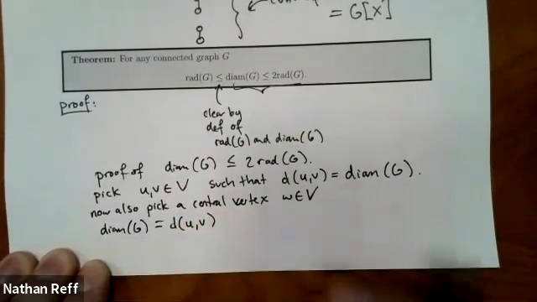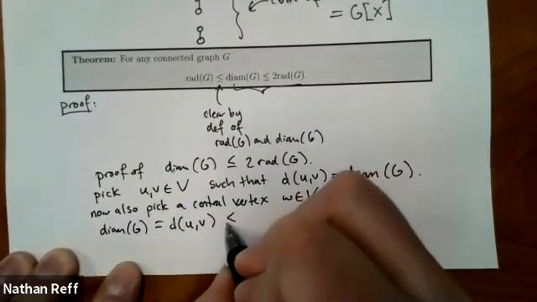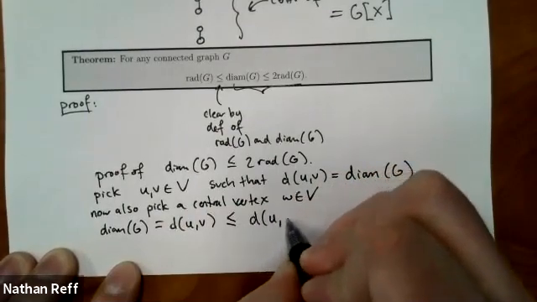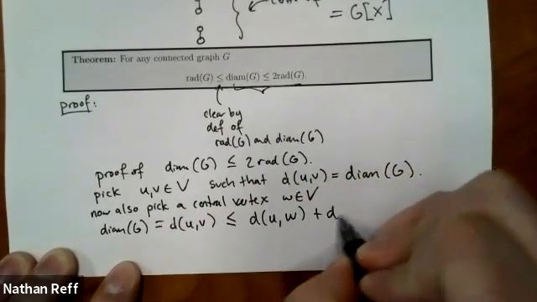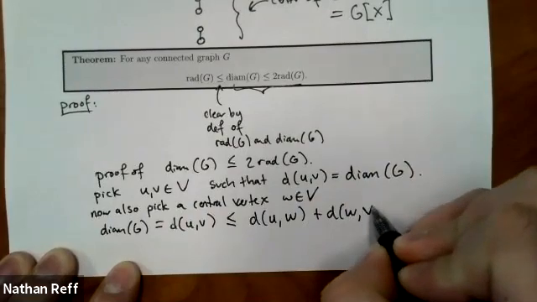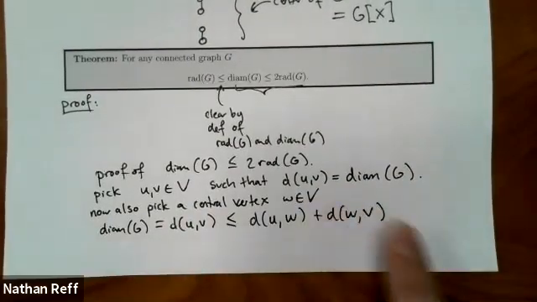is equal to this. You agree that this has to be less than or equal to the distance from U to W plus the distance from W to V. So this is one of the original properties of the distance function.